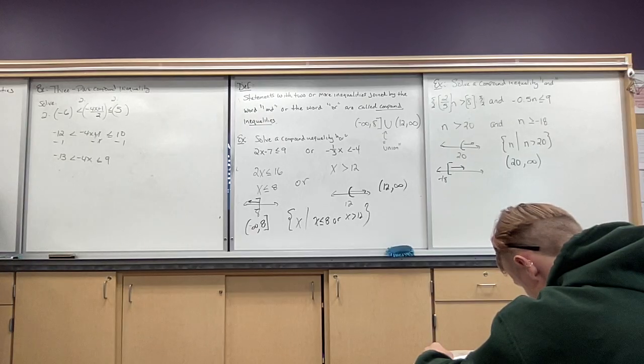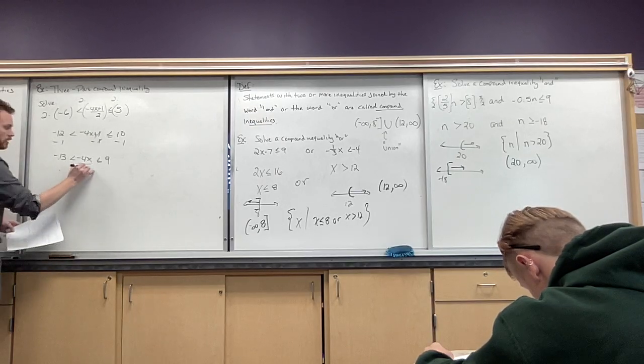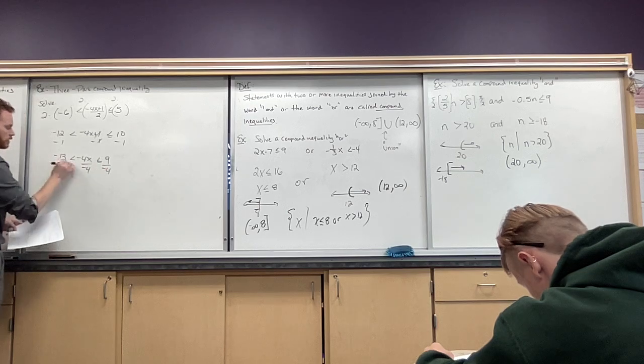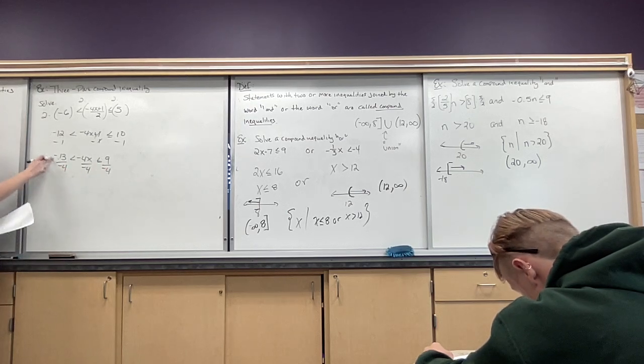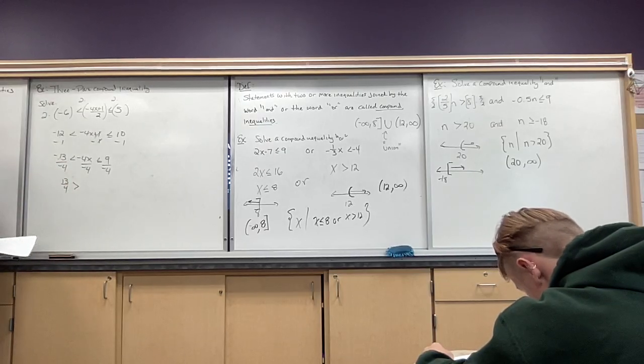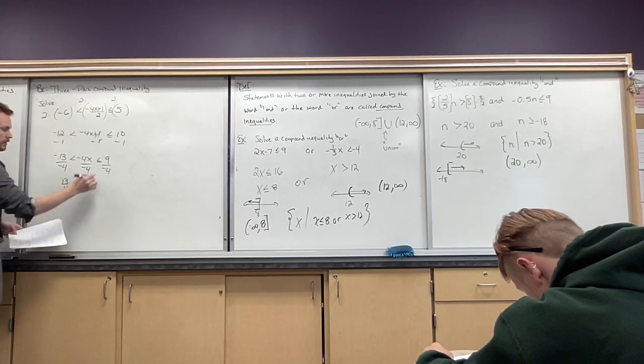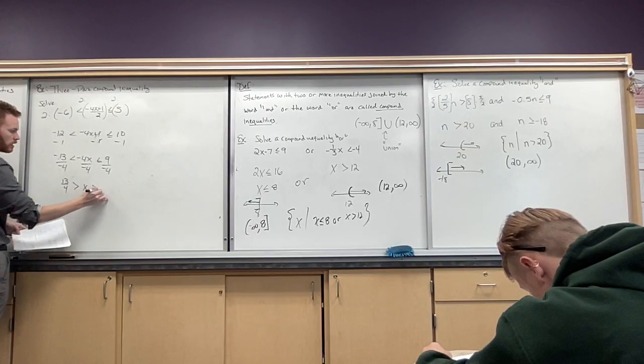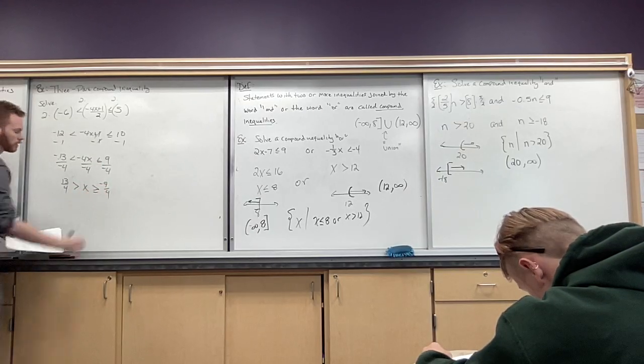This is going to change the direction of the signs, okay? It's going to look a little funky right now. So this is just going to become a positive 13 over 4. This is going to switch to this guy. This is just going to be an x. That's going to switch, and this would be negative 9 over 4.